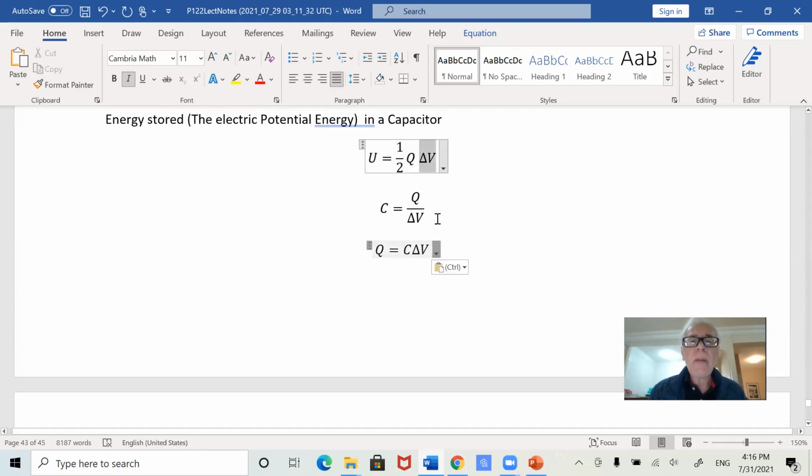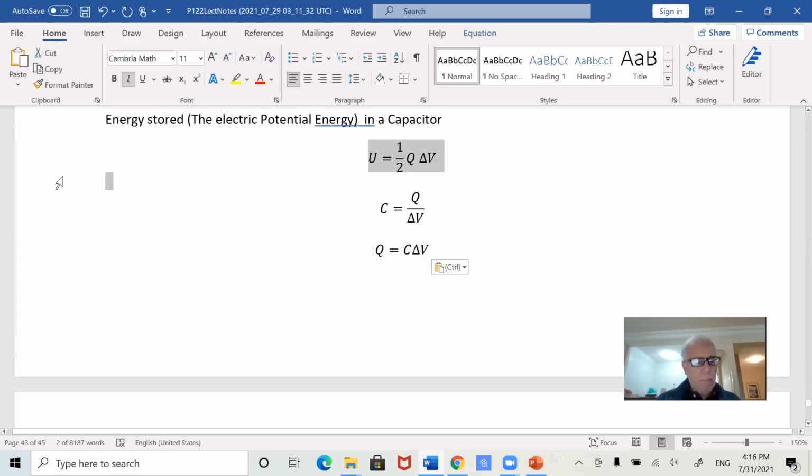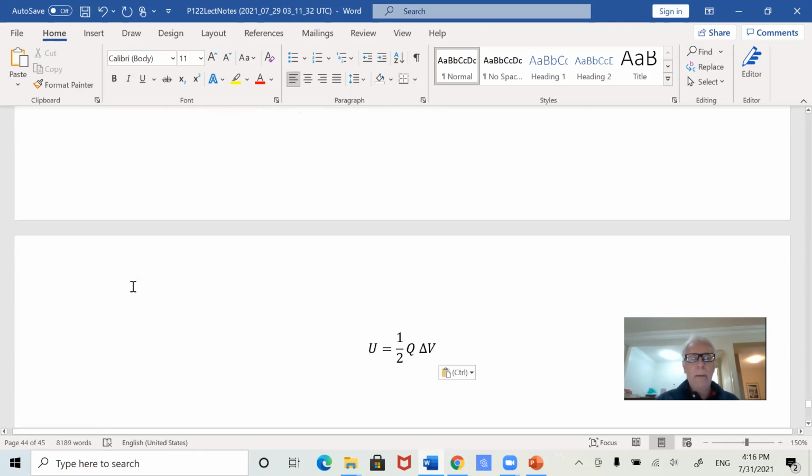Delta V is easy to measure with a multimeter, but Q is more difficult to determine. So in general, we write the energy of the capacitor in terms of the capacitance and the delta V, because capacitance is usually written on the capacitor, and delta V can be measured with a multimeter.